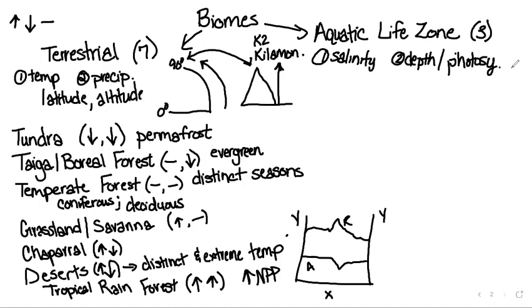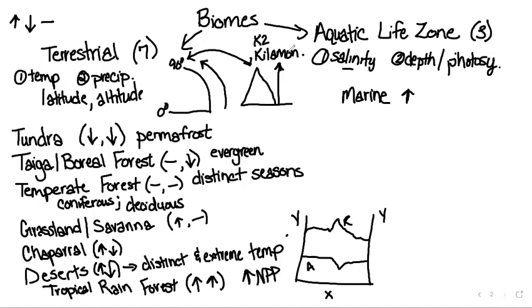Salinity is the number one defining characteristic that we look at for aquatic life zones. So the majority of the surface of the planet is part of the marine life zone. Marine life zones are very high in salt content.